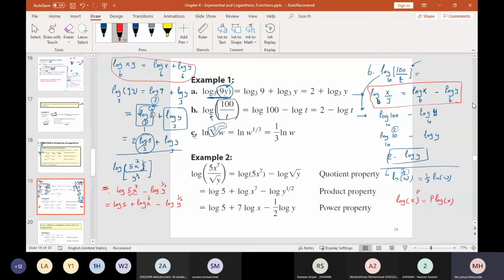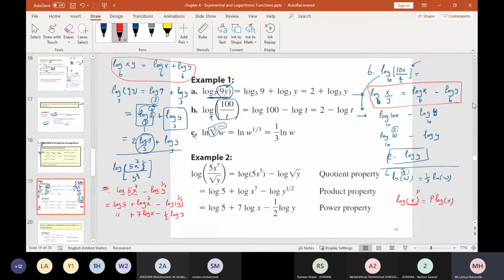Don't forget we are talking about the whole argument inside. So this is the same: log 5 plus 7 log x minus, and the whole thing to the power half, we take the half down, half log y.